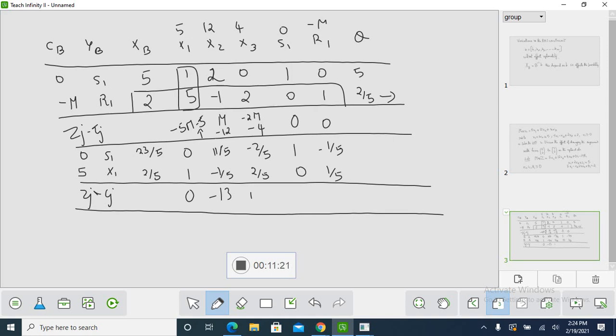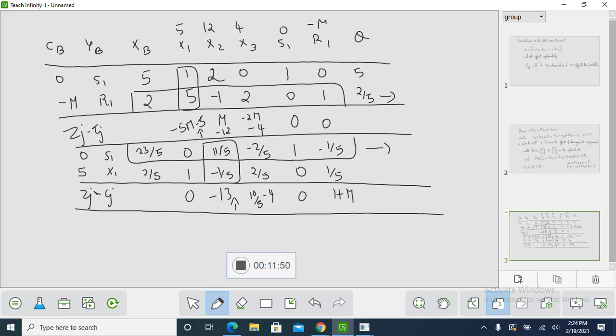Then last it's going to be 0 here. Here it is going to be 1 plus M. So x2 enters. Since x2 enters, theta should be non-negative. My S1 leaves. So this becomes our hero.